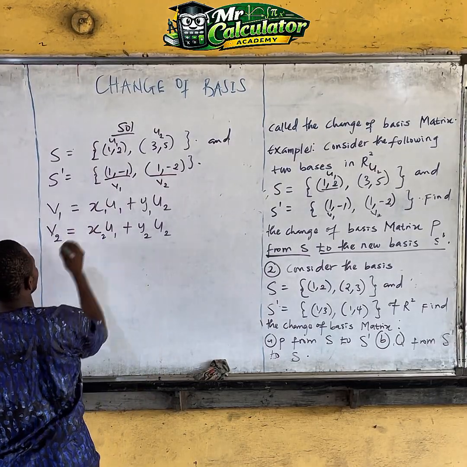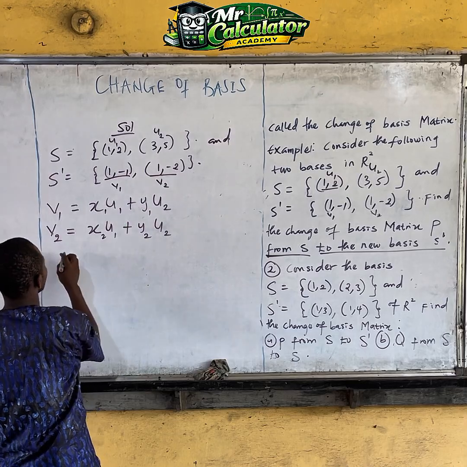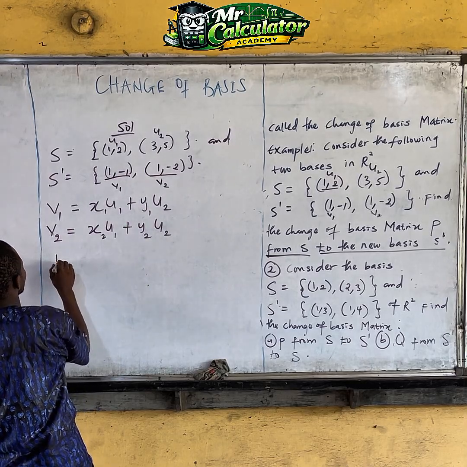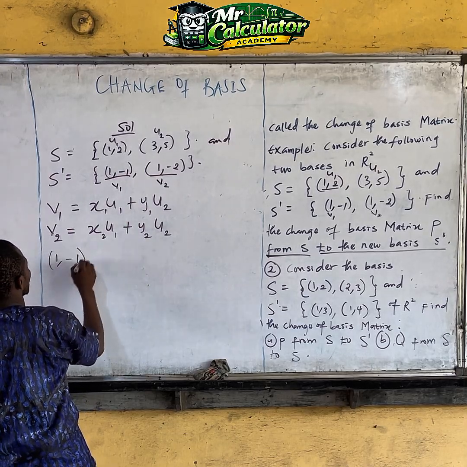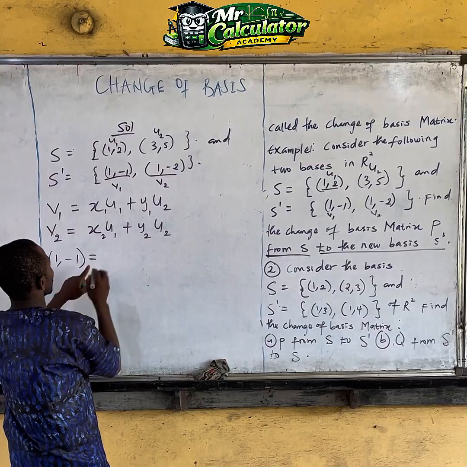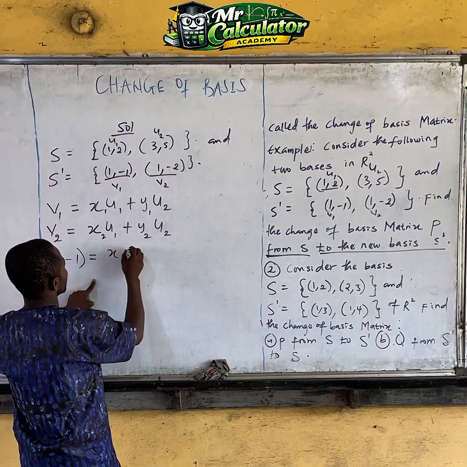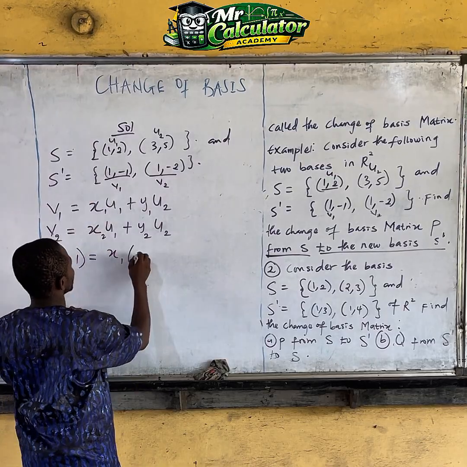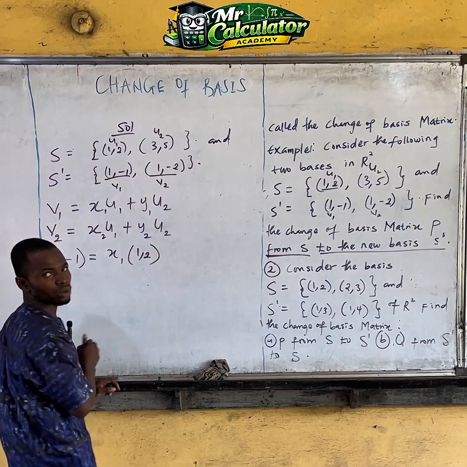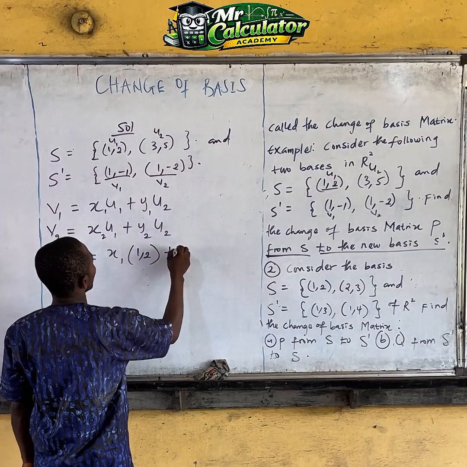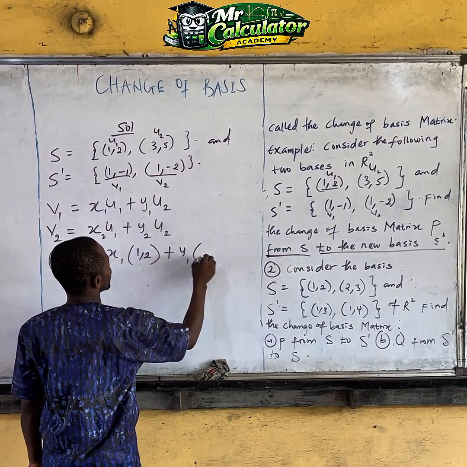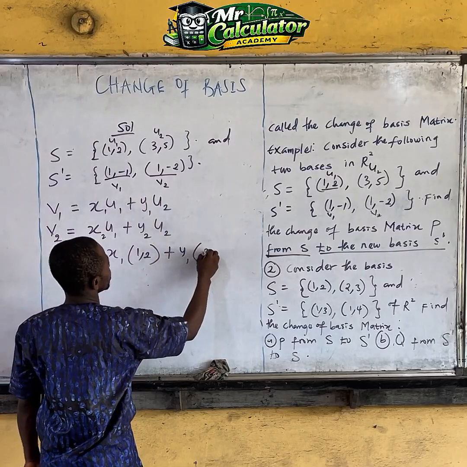What is my V1? I want to solve the first part. V1, (1, -1), is equal to X1 times U1, which is (1, 2), plus Y1 times U2, which is (3, 5).